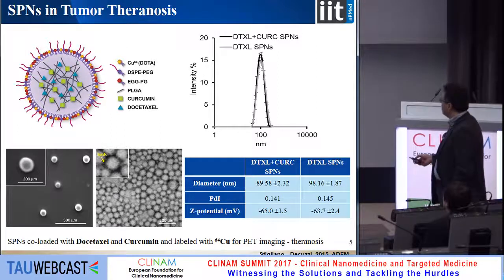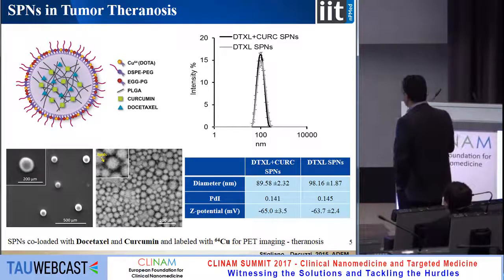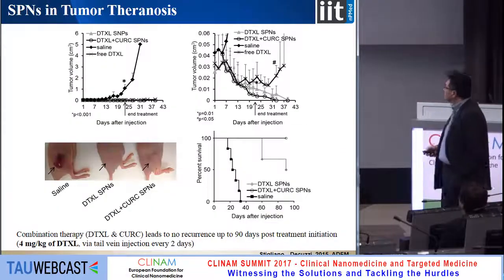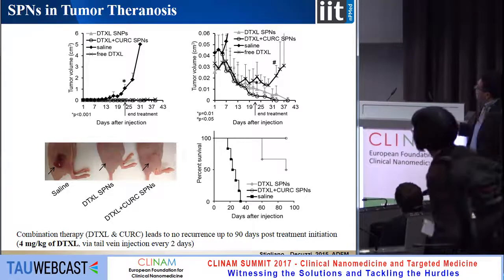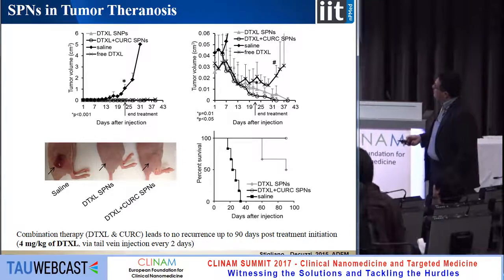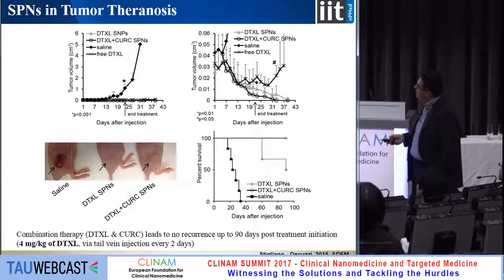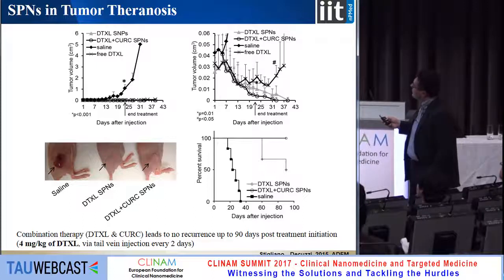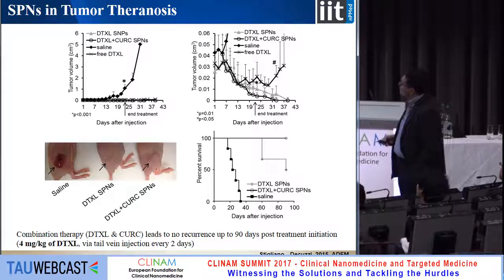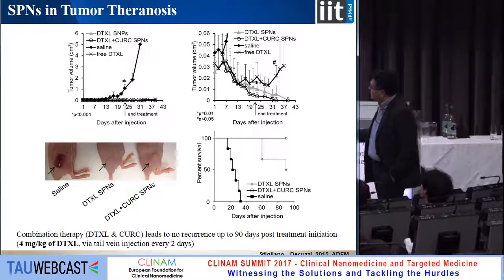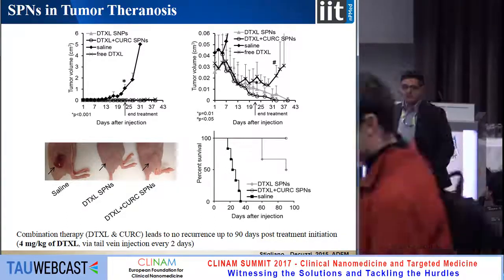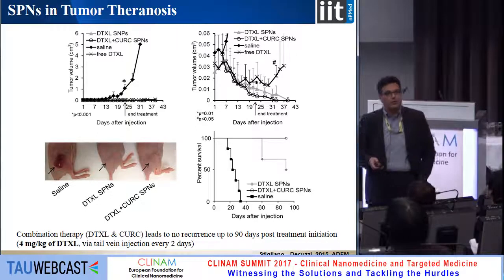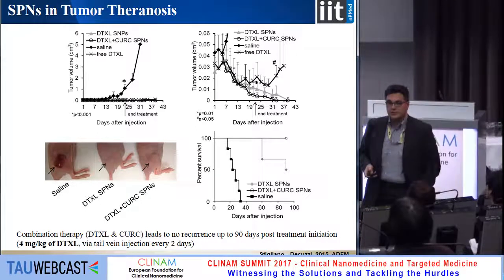And when you do something like that and you inject that into mice, you immediately realize that, compared to the free docetaxel, at a dose that is very low compared to the clinical standards, the nanoparticles loaded with docetaxel and docetaxel-curcumin actually behave better. But what is even more interesting is that the combination of curcumin and docetaxel, after 3 months of follow-up, doesn't show any recurrence of the disease.